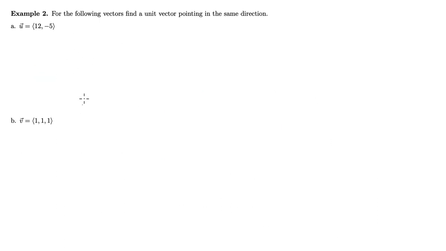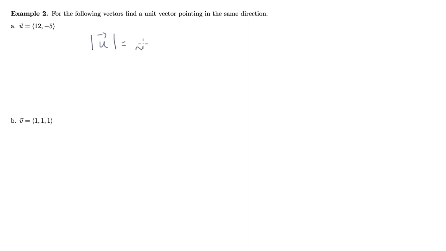We have these two vectors, and we want to find a unit vector pointing in the same direction. Or in other words, we want to find the direction vector. So if you recall, the direction vector is just the vector divided by the length. So the first thing to do in both cases here is to actually find the length of the vector. So what is the length of the vector u?